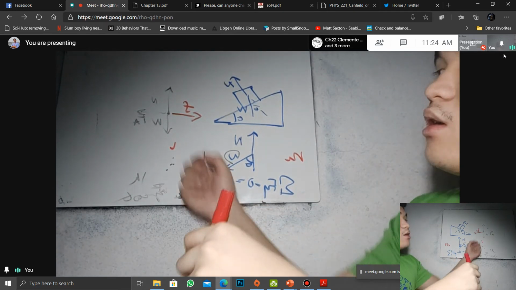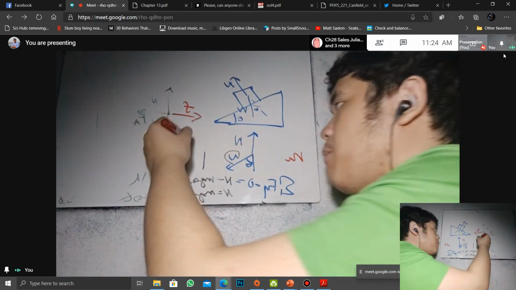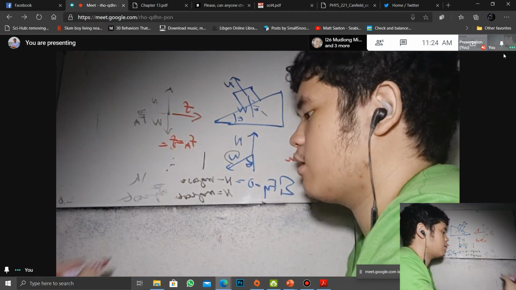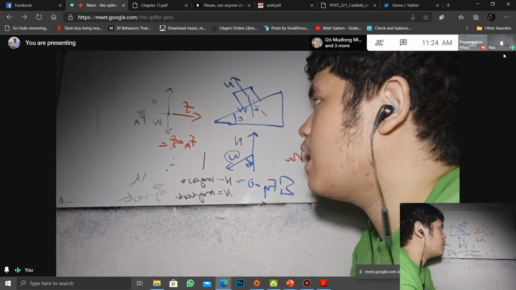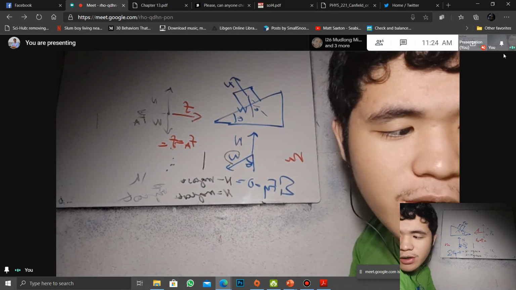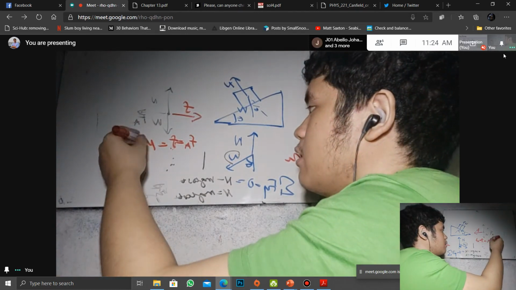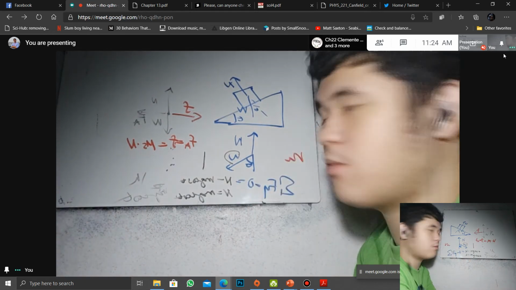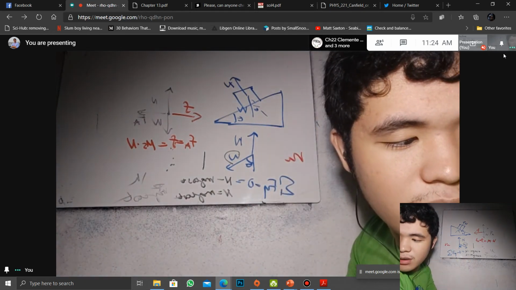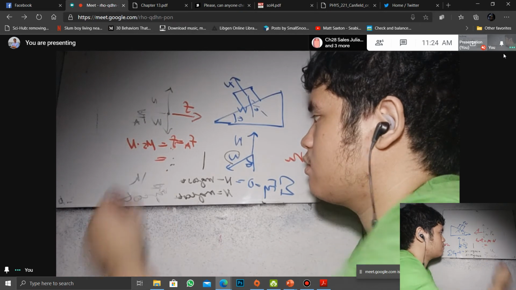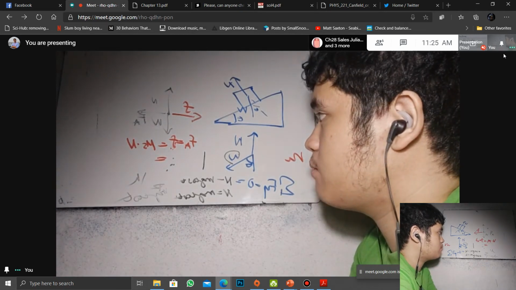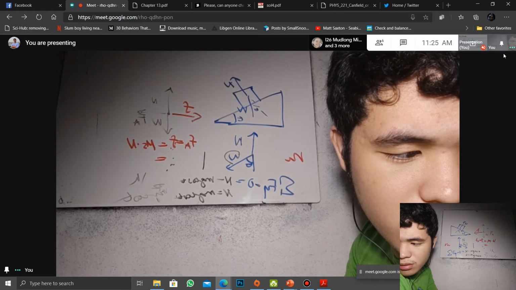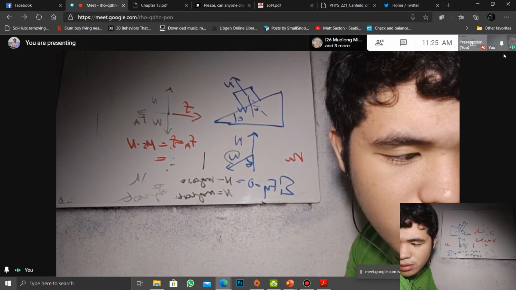Diba hindi gumagalaw yung object? So, dapat FA equals F. Equals, ano nga ulit yung formula ng friction? Mu S times N, diba? So, mu S times N. Ay, sorry.